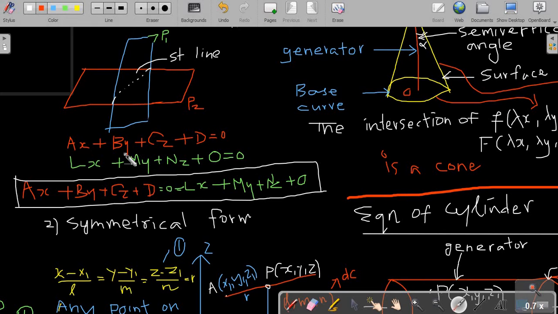These are the equations of the planes. We know what the equation of a plane is, am I correct?